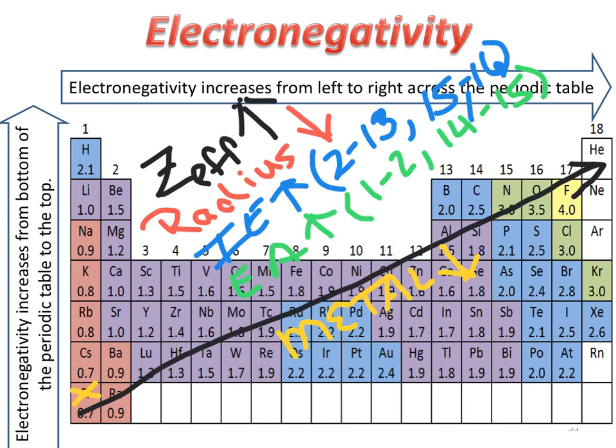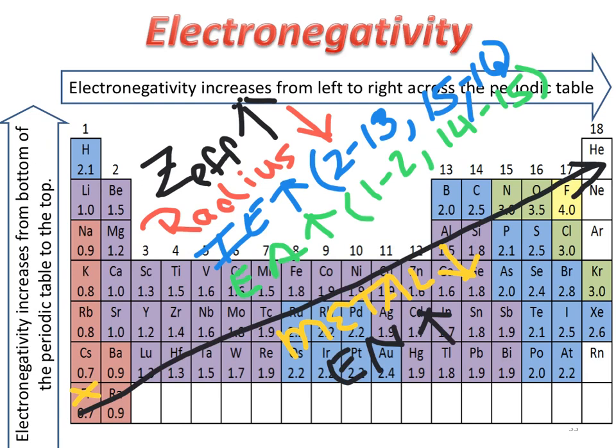And then the last one was electronegativity. As you go up the periodic table and across, it goes up.